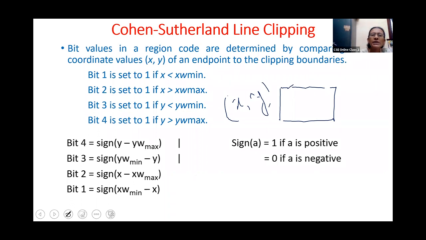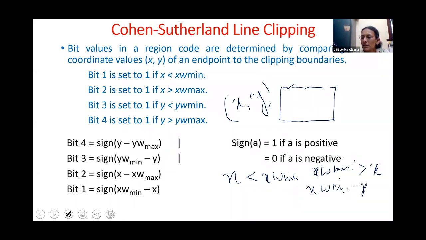When is bit 1 set to 1? If x is less than xw min. Then what is x? It means x is less than xw min, or xw min is greater than x, or xw min minus x is greater than 0. Greater than 0 means it is positive.